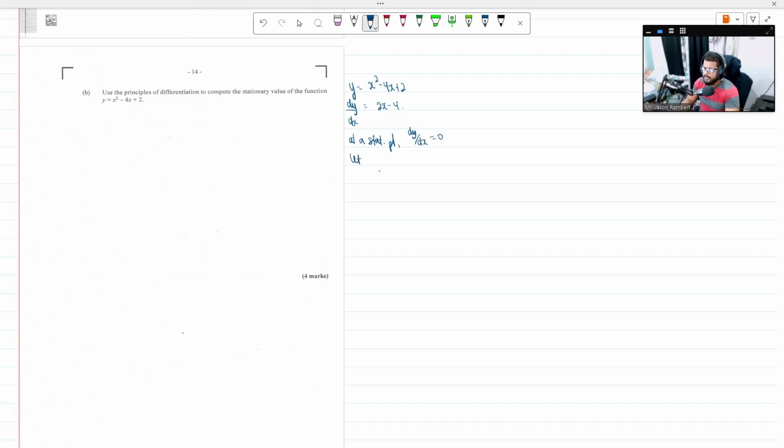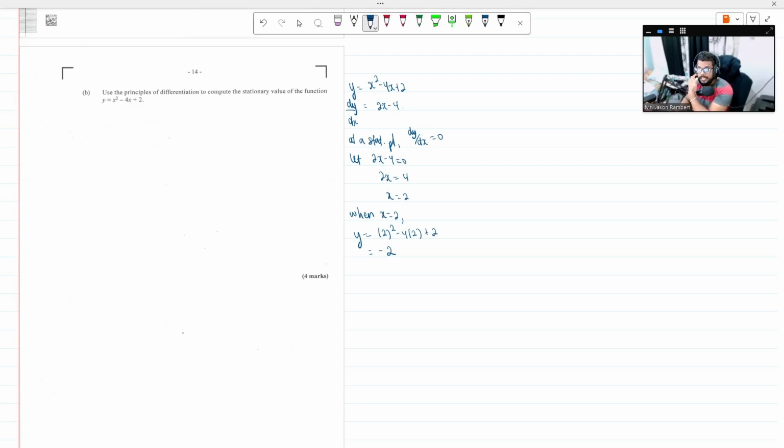So I will let 2x minus 4 equal 0. 2x is equal to 4. x is equal to 2. When x is equal to 2, y is equal to 2 squared minus 4 into 2 plus 2. 2 squared is 4. 4 take away 8 is minus 4. Minus 4 plus 2 is minus 2. All cool with that?